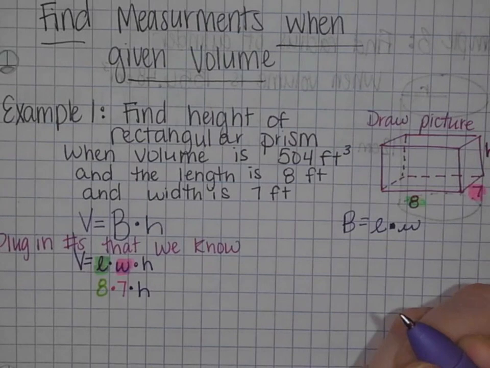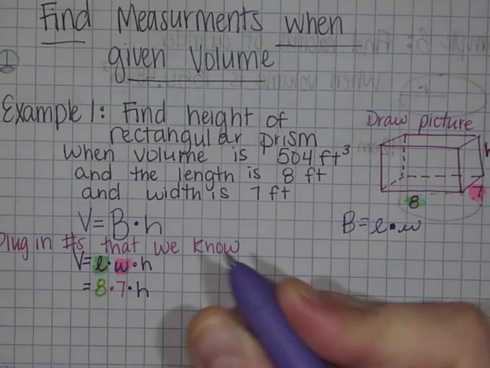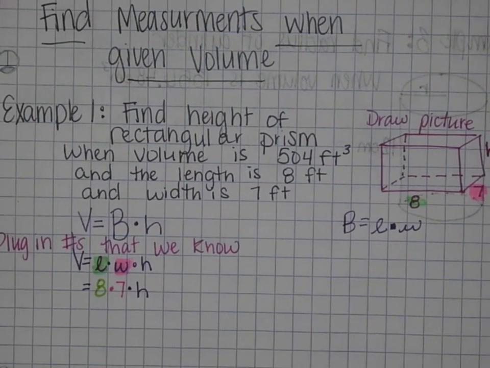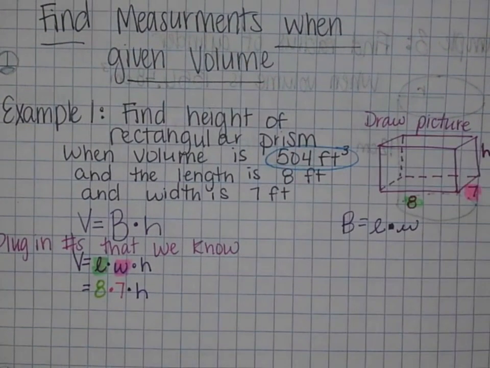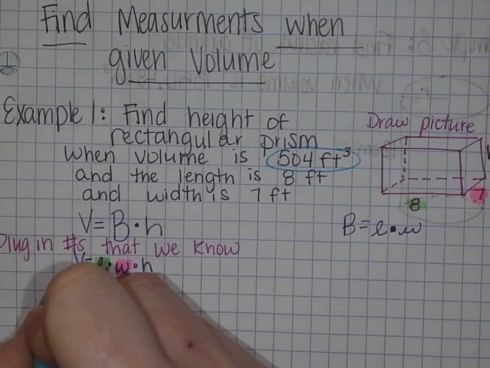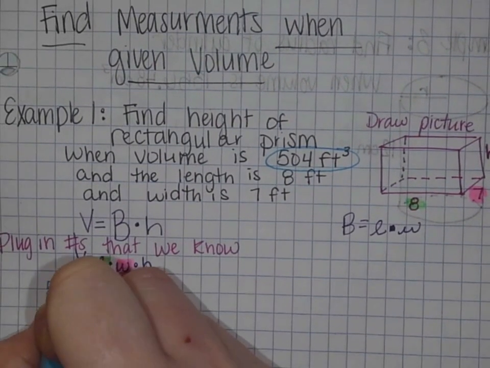We don't know what the height is, so we're going to leave it as h equals, and then volume. We already know the volume, so I'm going to plug it in. So 504.